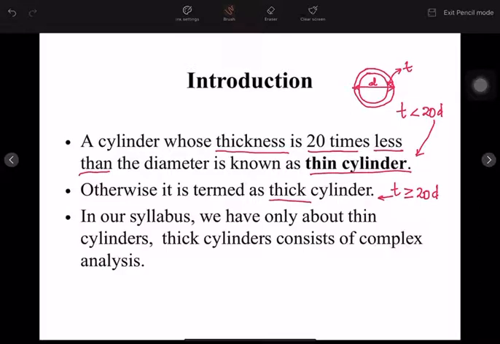So presently in our syllabus, we have only thin cylinders, while thick cylinders involve complex analysis. At this stage, we are not bothered about thick cylinders and their analysis, which we may come across in our higher studies. Right now, we'll just analyze thin cylinders in this subject.